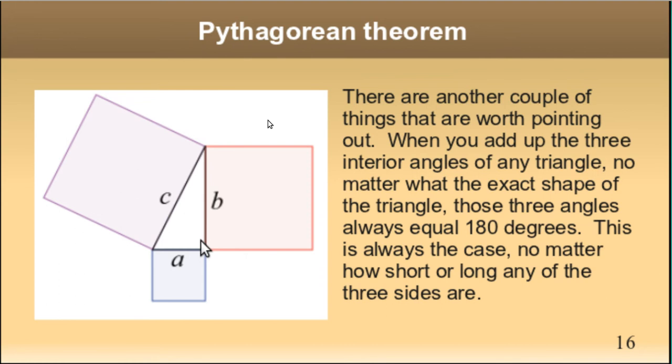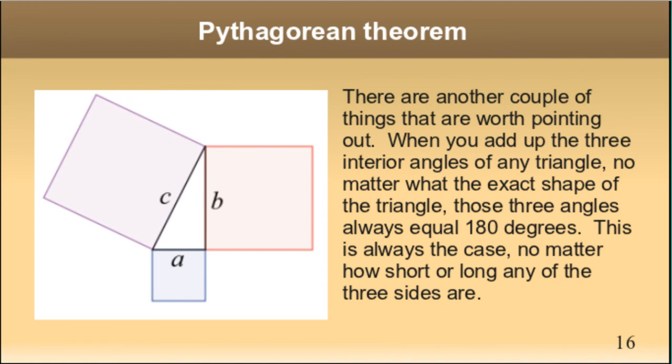There are a couple of things that are worth pointing out. When you add up the three interior angles of any triangle, no matter what the exact shape of the triangle, those three angles always equal 180 degrees. This is always the case, no matter how short or long any of the three sides are, or whatever the angles are.